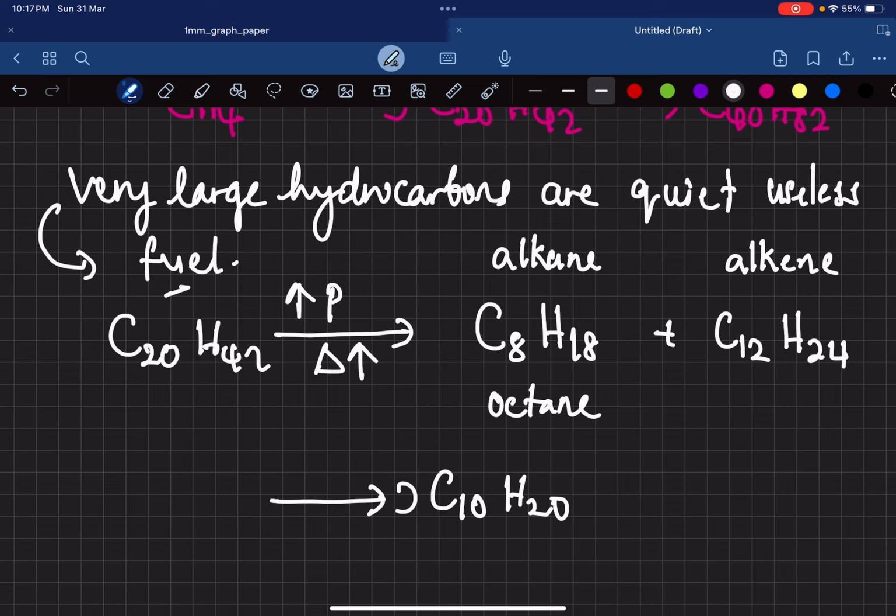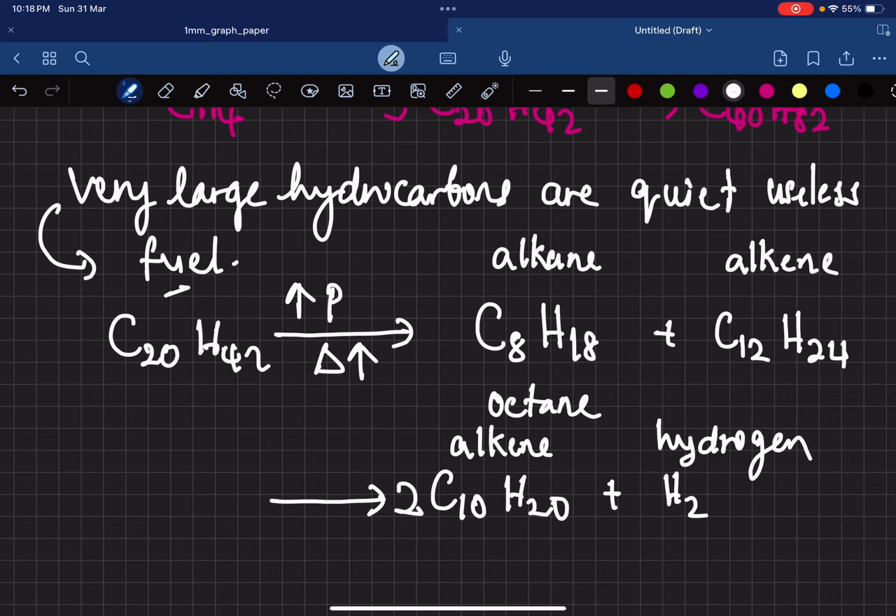We put 2 here. Okay, and then you might get hydrogen. So that's another possibility. So you may get an alkene, and you might just get hydrogen.